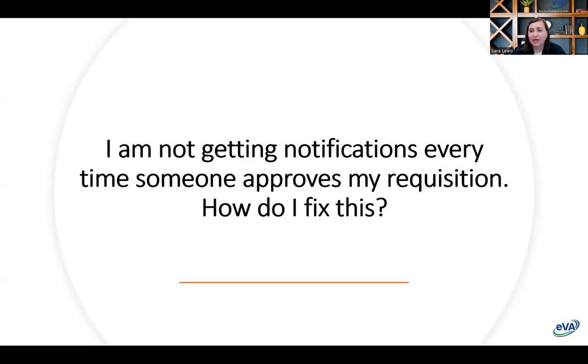So next is I'm not getting notifications every time someone approves my requisition. How do I fix this? So this is another change from the previous platform. In the previous platform, an end user that submitted a requisition would get an email every time somebody approved the requisition. The only time that they will get an email about their requisition being approved is when it has hit that final approval node and it turns into an order.